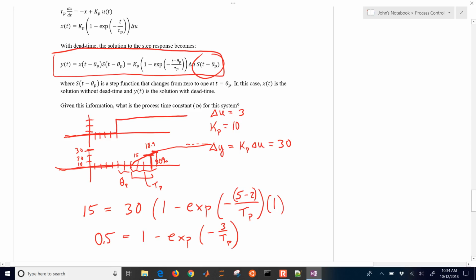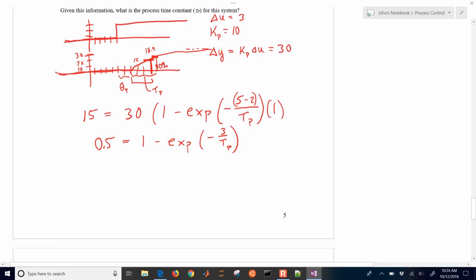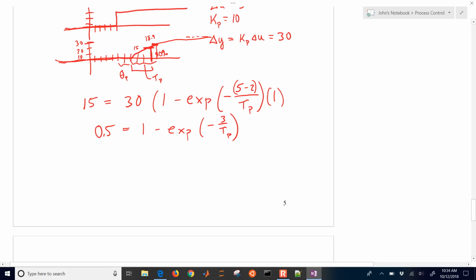Now I just need to solve for tau p. So I can rearrange that. And this is going to be equal to negative 0.5 equals negative e to the minus 3 over tau p. And I'll just multiply by negative 1 on both sides. Take the natural log of both sides.